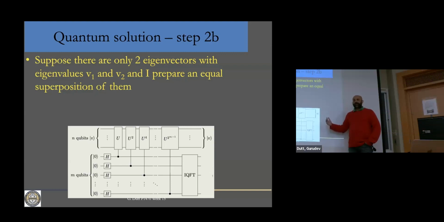I won't get all of them at the same time, or I'm not guaranteed to get the right answer right away, because I can get any one of the eigenstates, VS, at the end, because I prepared a uniform superposition to begin with. For two, it's okay. I just run the algorithm twice, and if I run it enough times, for sure V1 or V2 will show up on the output.